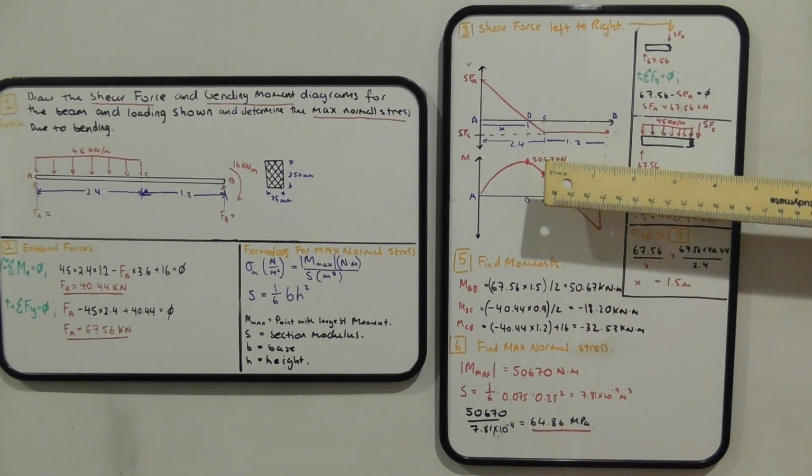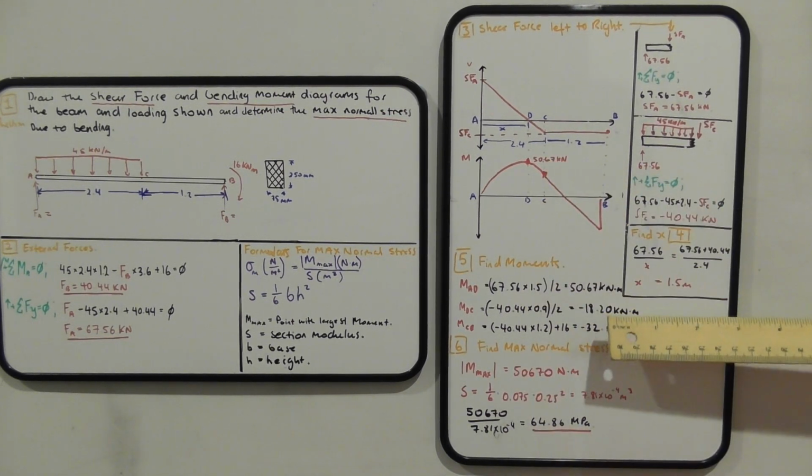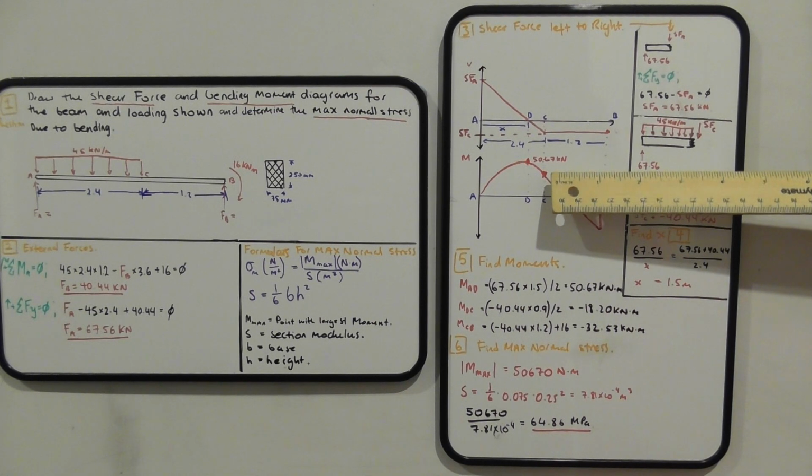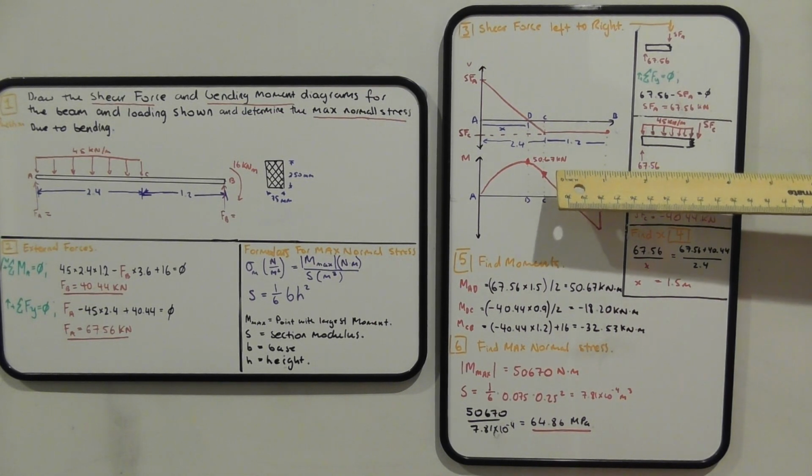Then from that 50, you subtract the 18.2, and that will go down to approximately 32.53.